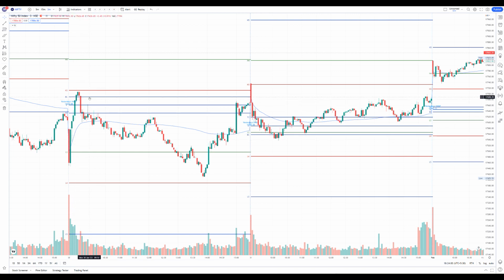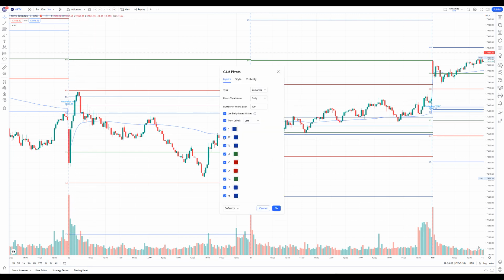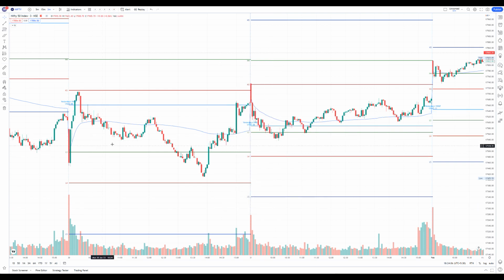Consider we don't have the CPR lines. If you don't have CPR lines, generally our target will be H3. And exactly, it touched H3 and then came back to H3 again. So the market has played inside this range.